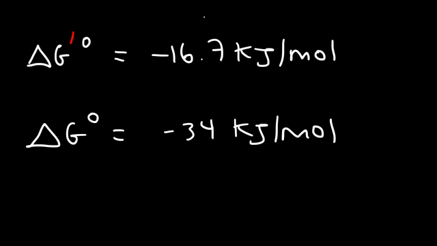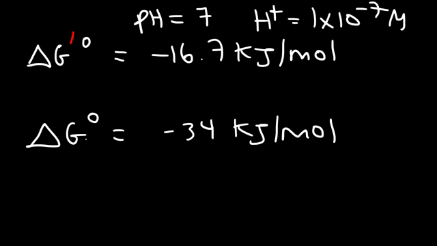Delta G prime naught is based on a pH of 7 because most cells exist in an environment with a pH of 7, where the H plus concentration is 1 times 10 to the minus 7. And so this represents the biochemical standard free energy change.